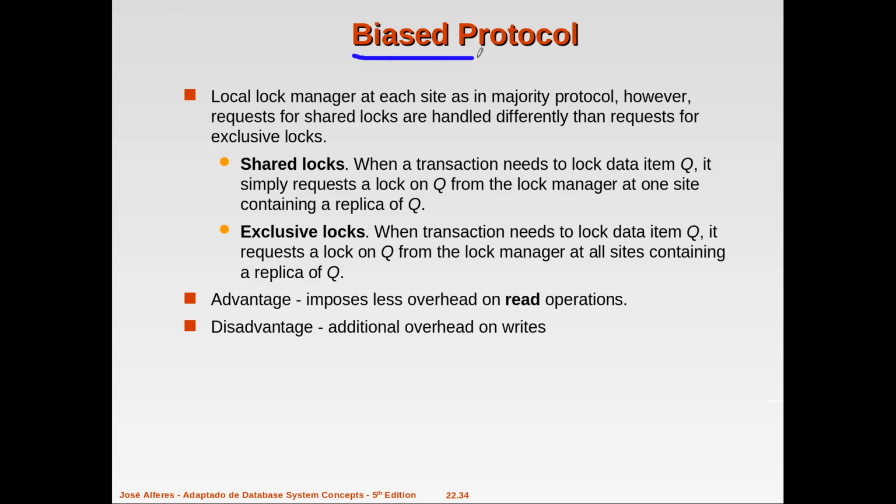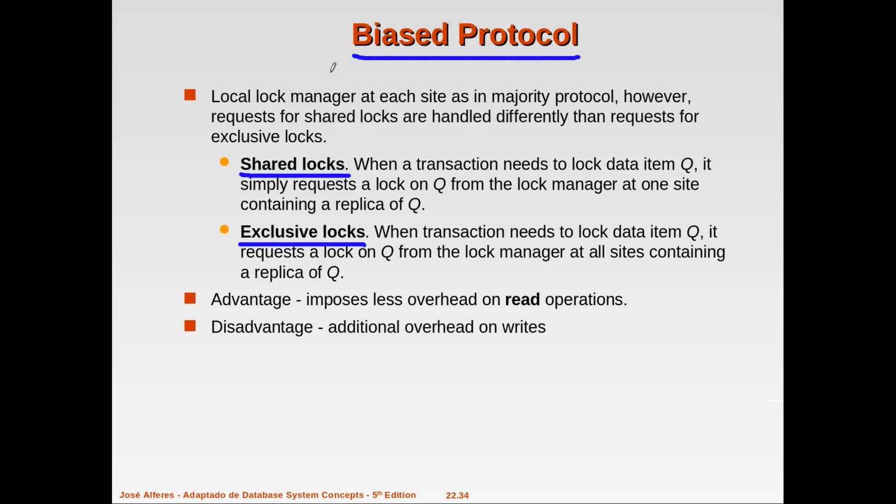Now the third category to manage replicas for concurrency control in the distributed lock manager approach is called the biased protocol. Biased means we consider some special priority to be given for special types of data access.